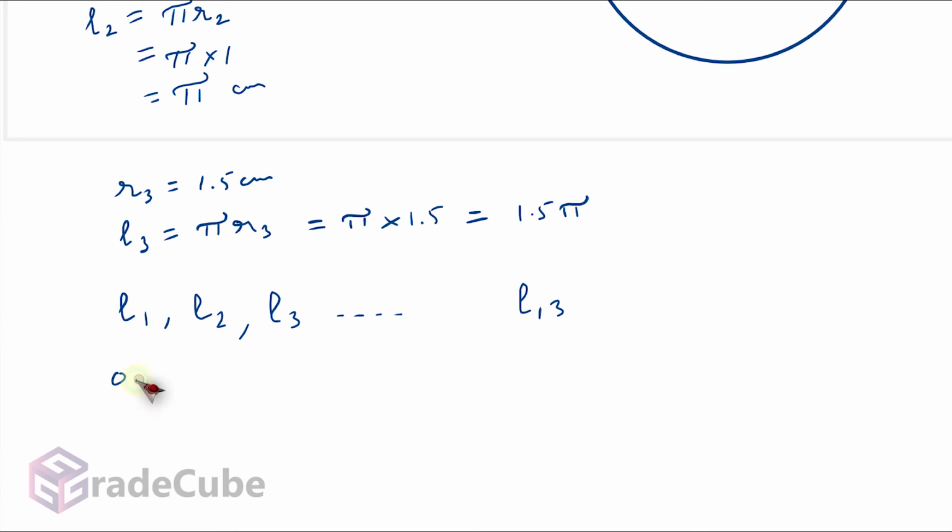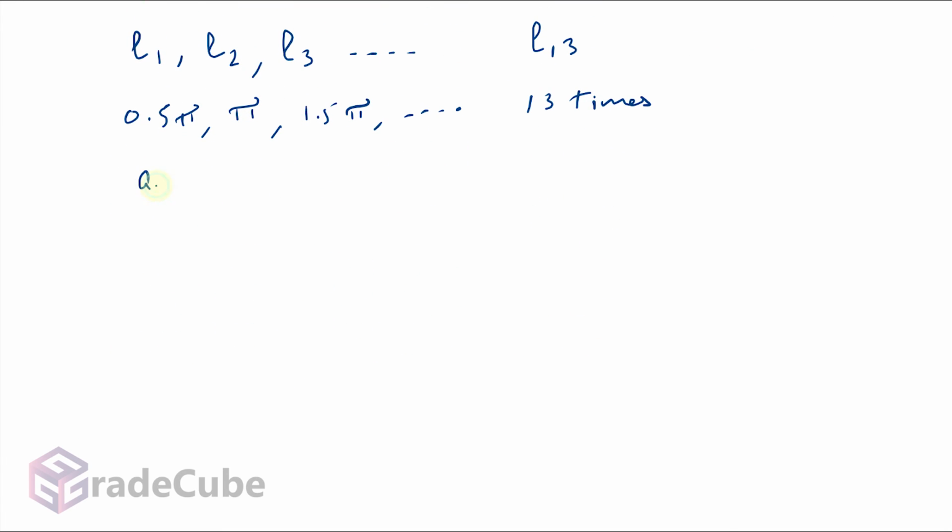Now let's put the values of L1, L2, L3. It is 0.5 pi, 1 pi, 1.5 pi, and so on 13 times. Okay, first of all, let's prove it is an AP. So A2 minus A1 is pi minus 0.5 pi. If we take the pi common, it is 1 minus 0.5. 0.5 is half, so it is again 0.5 pi.